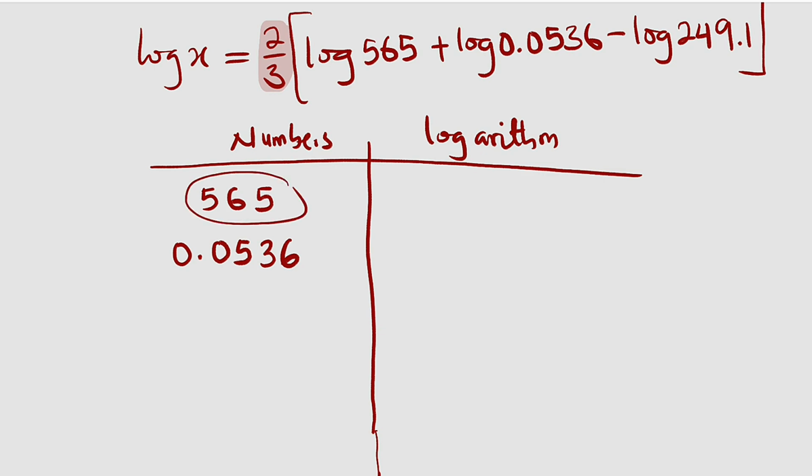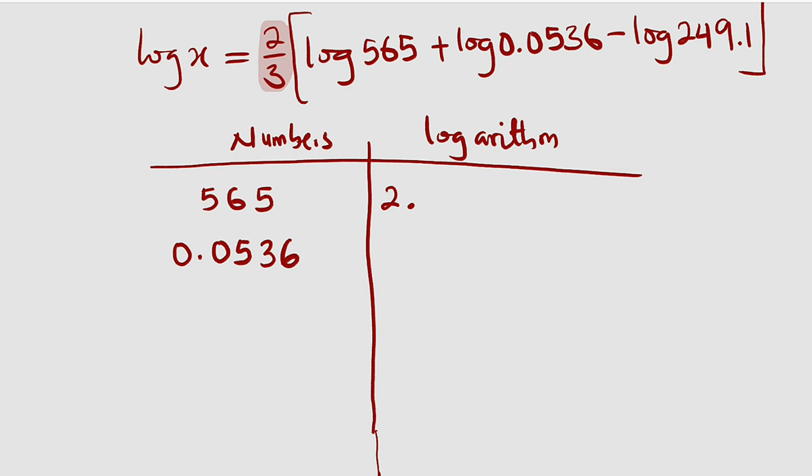Having written the numbers, let us begin with the first one. We have 565. We're going to begin by writing the characteristics of this number, which is just the power of 10 when the number is transformed into the standard form. You can simply obtain it by moving the decimal point to after 5 right here. So we take it backward 1 twice. So we have 2 as our characteristics. Place the point here. Now, since we don't want to use our log table, because many people do not know how to use it, we are going to use our calculator and press the logarithm of this number.